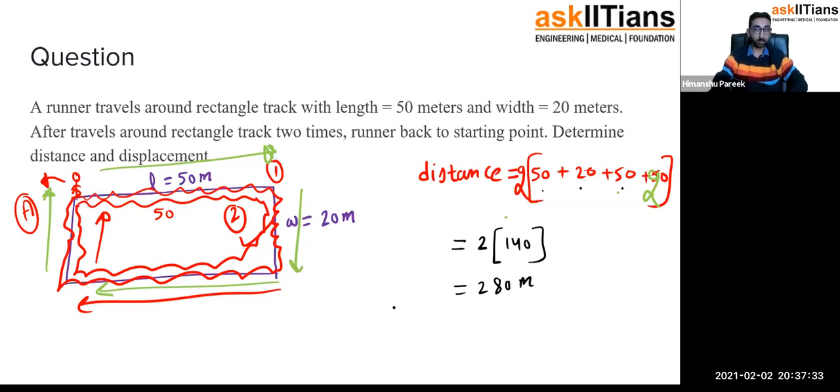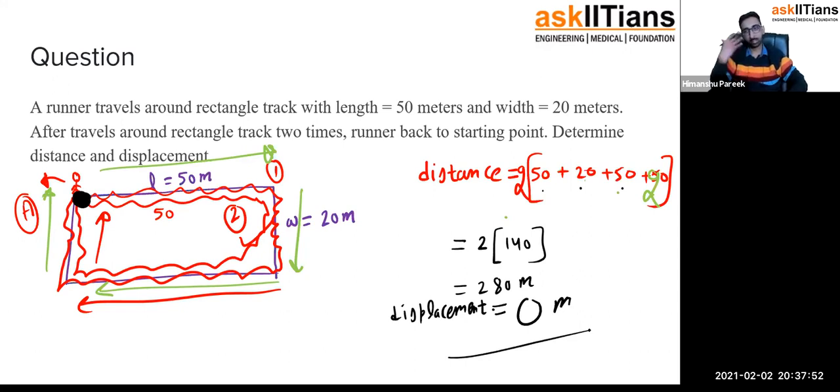But what is the displacement? Join the initial and final point. This is the final point. Join them, 0. When you join them, it will be 0. So now you can remember one thing.